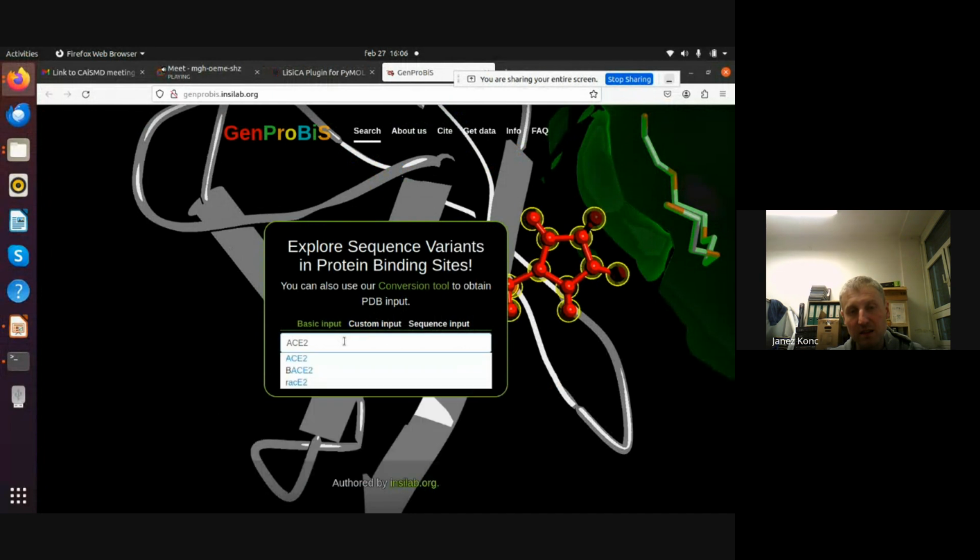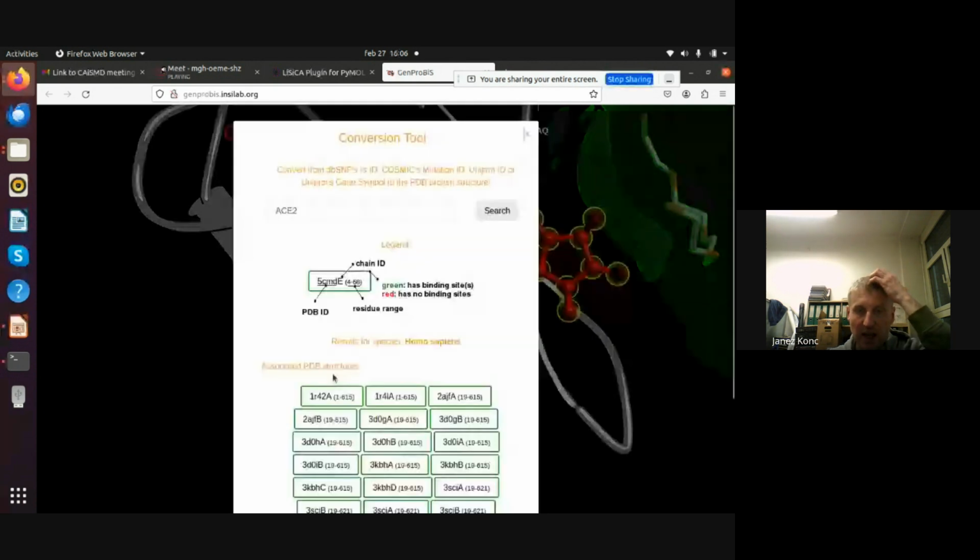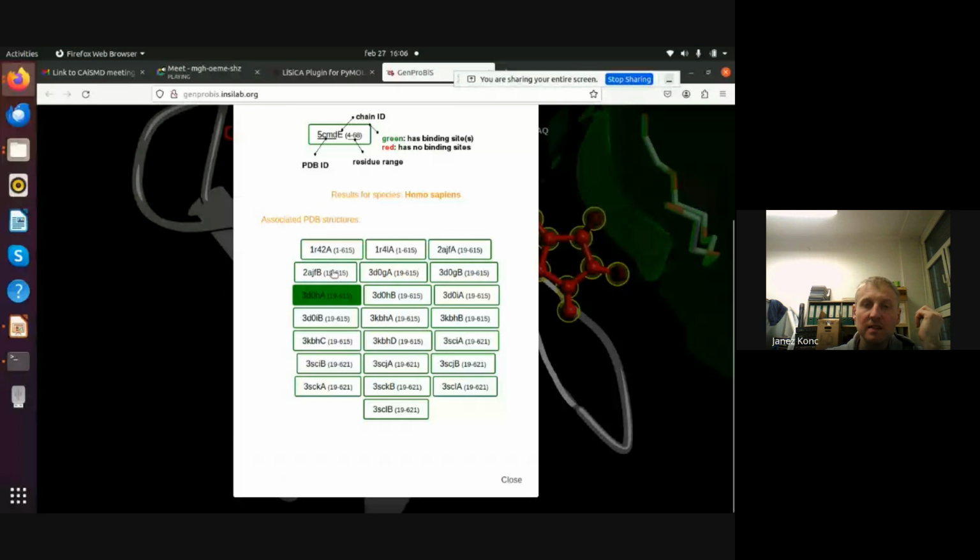It's ACE2. Here we are just typing in the gene name of this protein that we are interested in. Sorry, we have to type it again, ACE2 protein, submit, and we are going to get what our server gave for this gene.